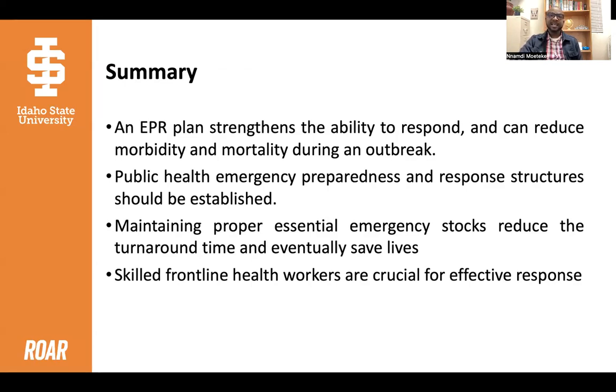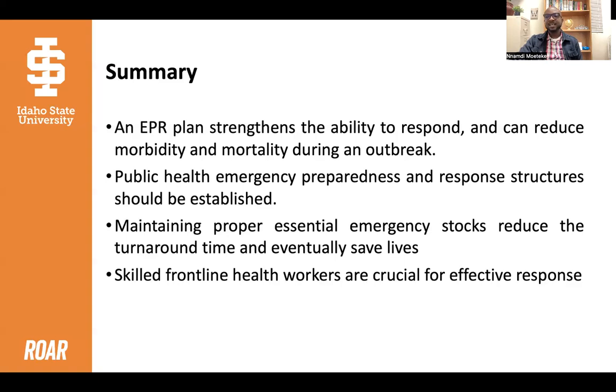So developing and regularly testing an emergency preparedness and response plan strengthens the ability to respond to an outbreak. So maintaining proper essential emergency stocks of medicines, vaccines, reagents, and other supplies will reduce the turnaround time and eventually save lives.